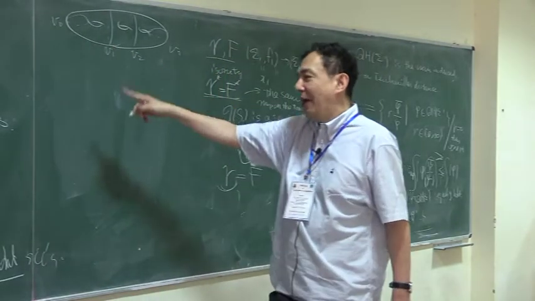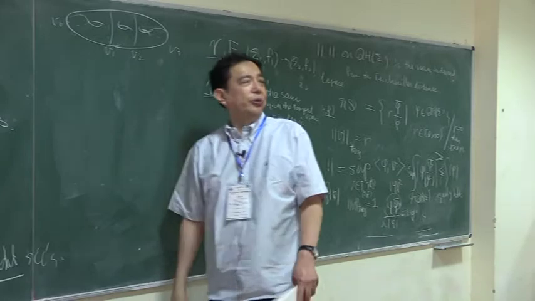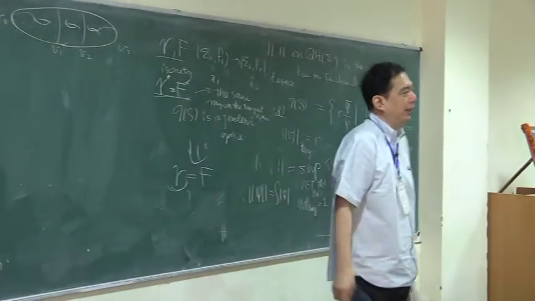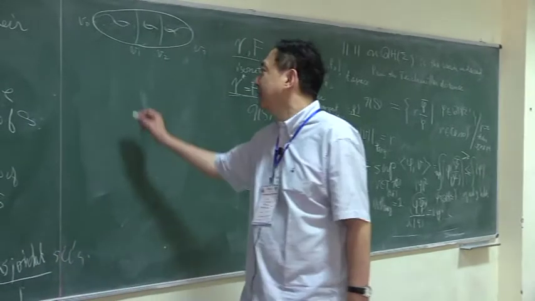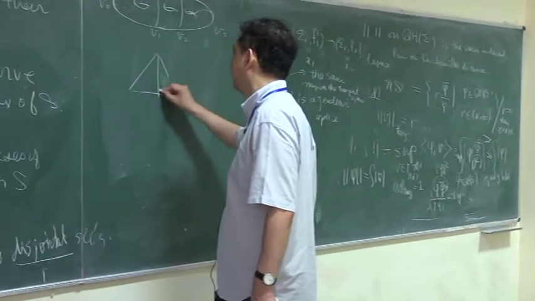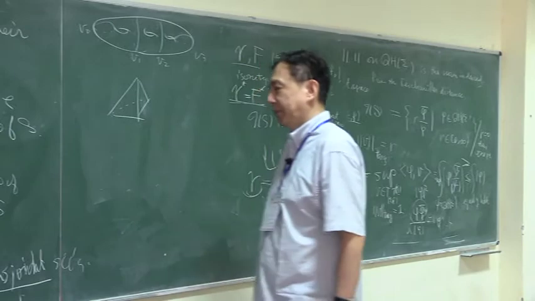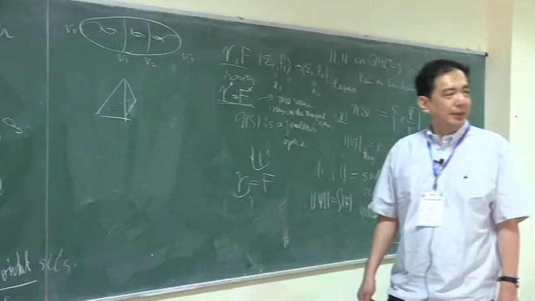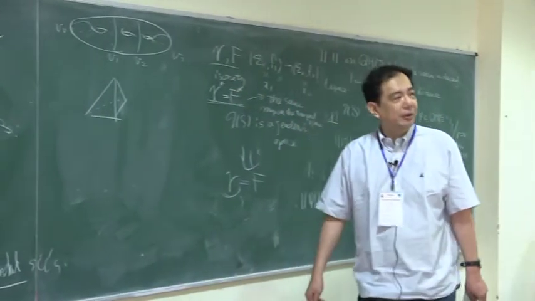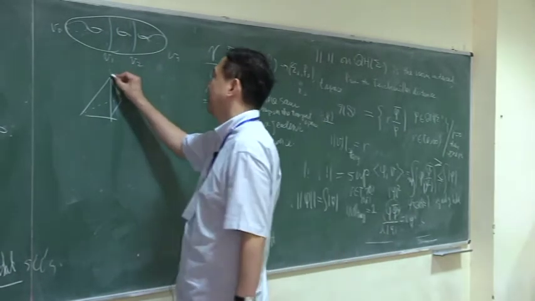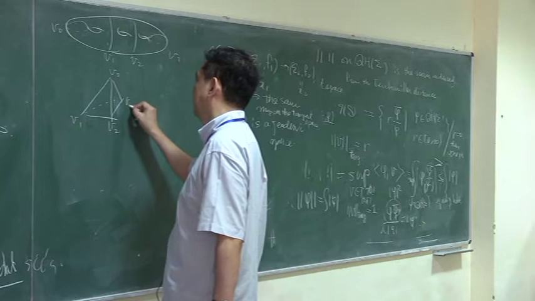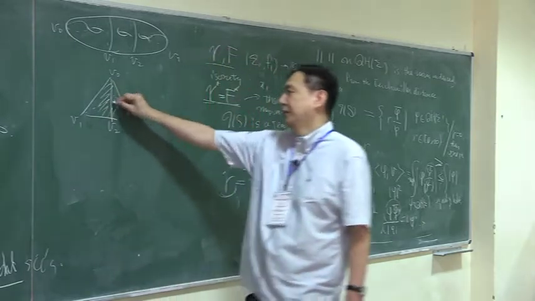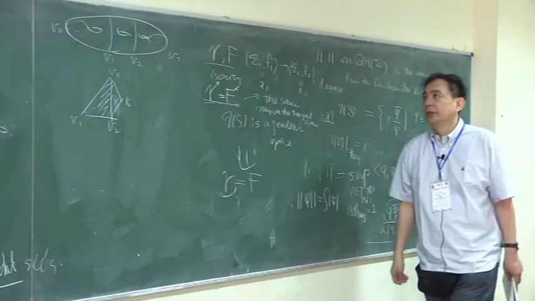So you have 4 vertices which are realized by disjoint simple closed curves. So you have a 3-simplex. That's a tetrahedron spanned by these 4 points. So these span such things. Okay?